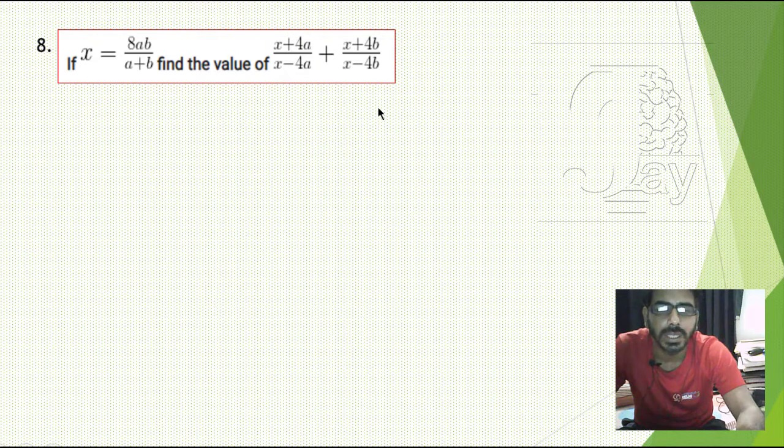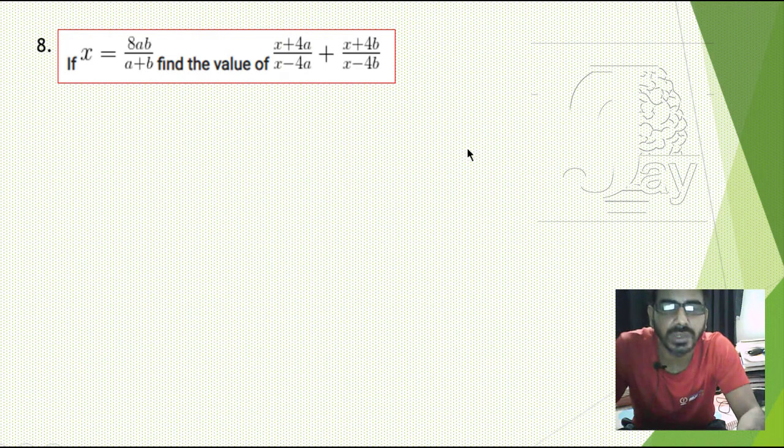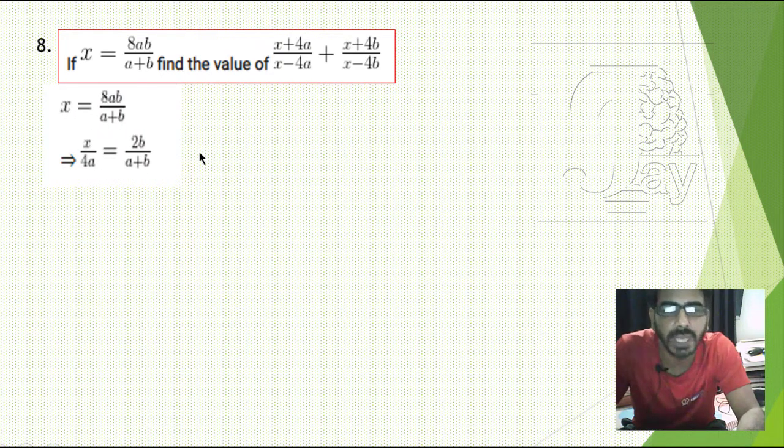In this question we have x equals 8ab by (a plus b), and we have to find the value of this. Here also you need to be careful about what you are going to shift. We have x = 8ab/(a+b), but when we are going to find the value, we need x plus 4a, right?